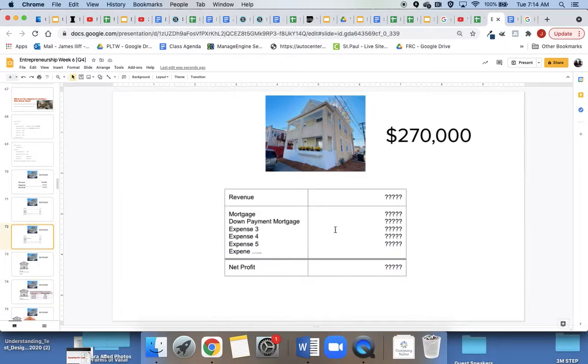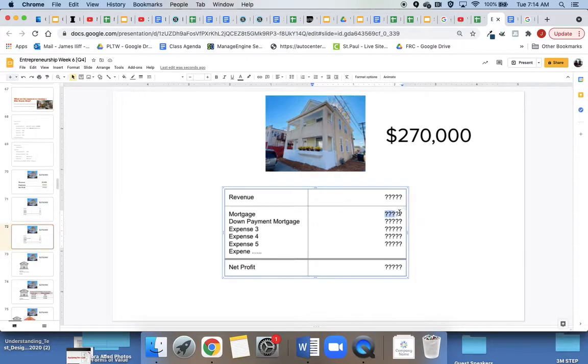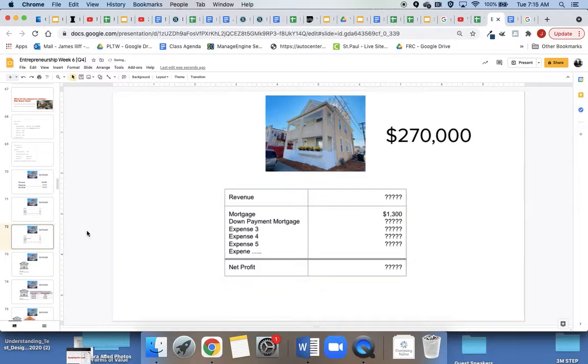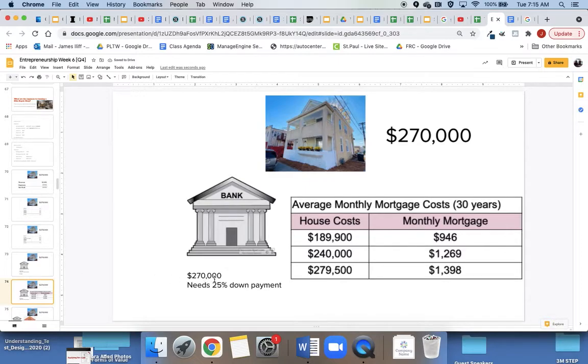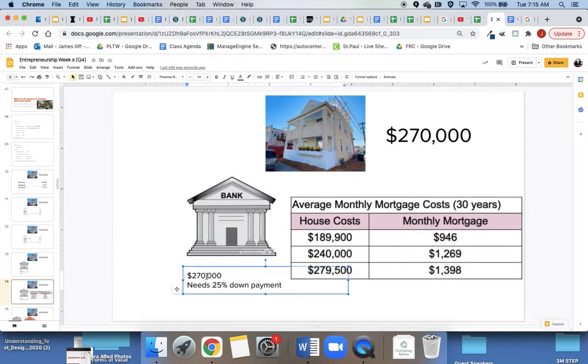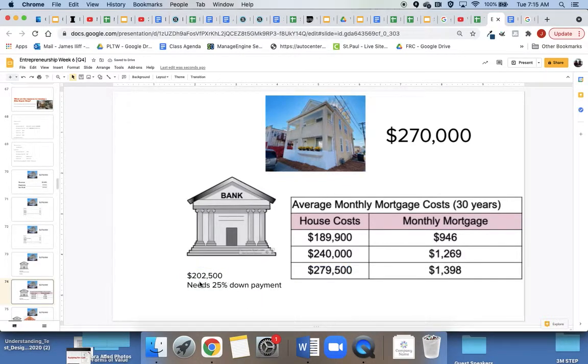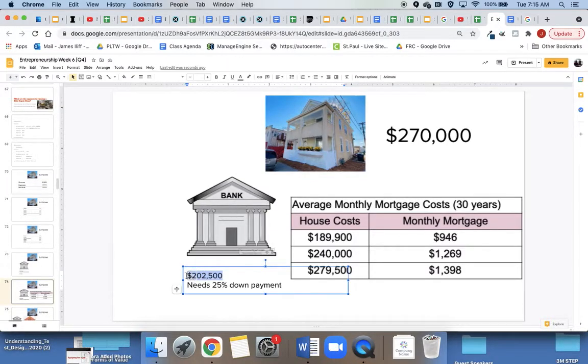So that would go right here. So you would put, hey, for one of my expenses, for my first mortgage, it would be, I'm just going to make this up, $1,300. Okay, but notice that we said after you put the down payment in, we're going to put that $67,000 down payment, and all we're going to borrow from this bank is $202,000.